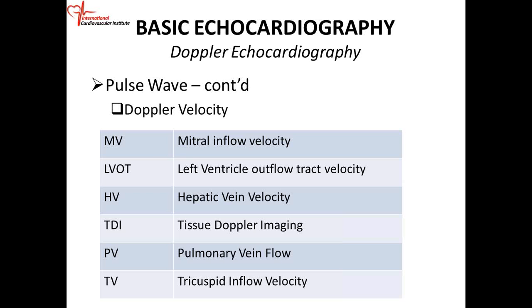That's also a pulse wave. Pulmonary vein flow, pulse wave Doppler. These are flows where the velocity is usually less than 2 meters per second. And then tricuspid inflow, just like mitral inflow, pulse wave Doppler. So any flow that is less than 2 meters per second, you can use pulse wave Doppler.